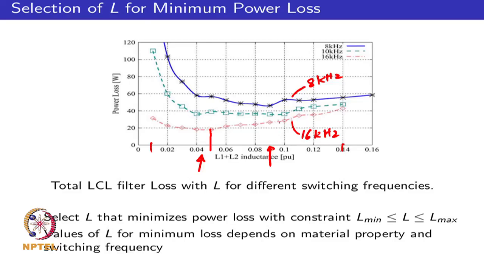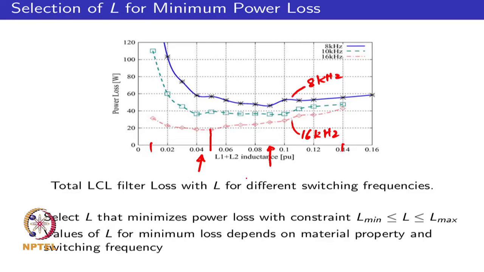At around 8 kilohertz switching frequency, the minimum loss point shifts up to a larger value of inductance. So, this is what you naturally expect. If your switching frequency is low, you need higher value of inductance in your filter, and if your switching frequency is high, you need a lower value of inductance in your filter.